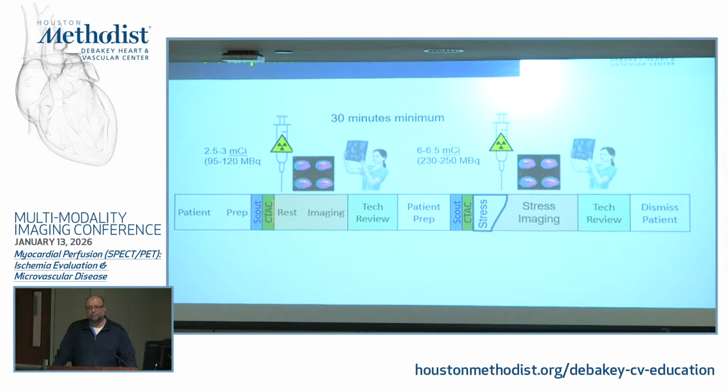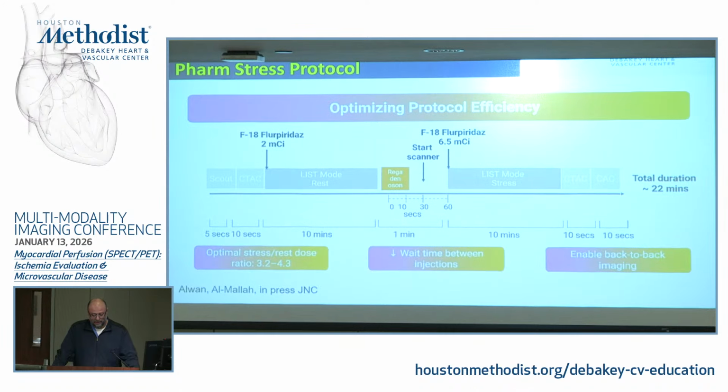In our group, we thought that we could make a modification to that, and the paper is coming out soon. It's now in press, where we come up with our own protocol, modifying the initial FDA protocol to make it, instead of a 45-minute protocol, a 22-minute protocol. And this is what we use here.